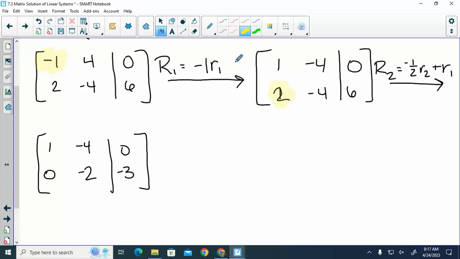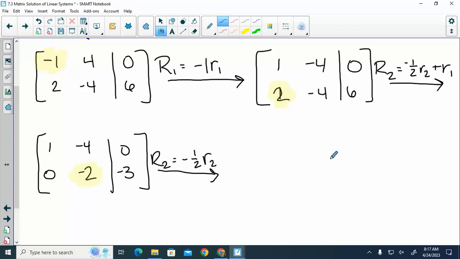Now what do we need? Row 2, column 2, a 1. So we get our 1 in the column first, and then we'll get our zeros. We're changing row 2, so how could I turn that negative 2 into a 1? Yeah, probably the easiest way to get a 1 is just to multiply by the reciprocal.